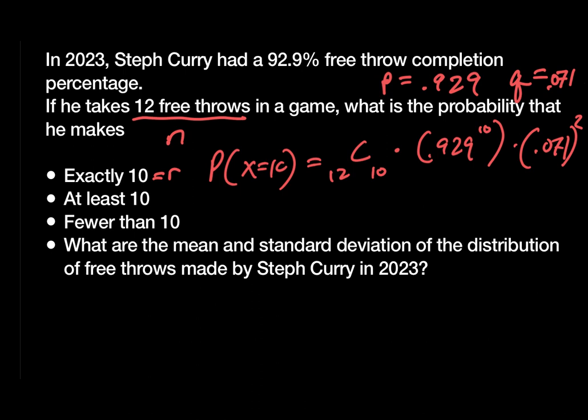And so this number right here is 66, which means there are 66 different ways that he could shoot 12 shots and make 10 of them.